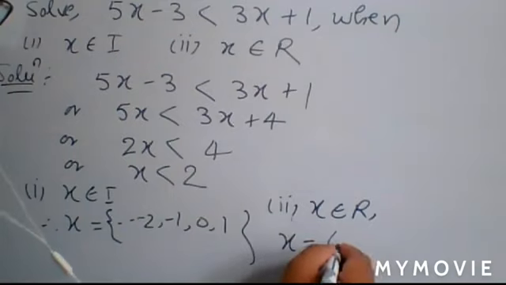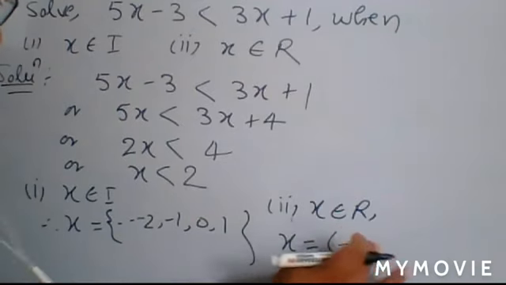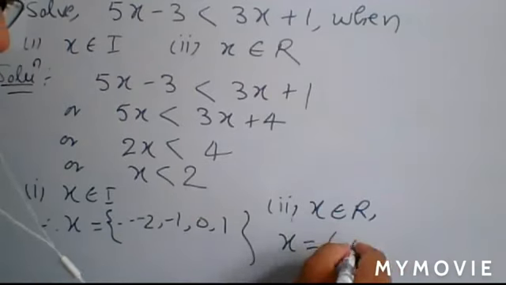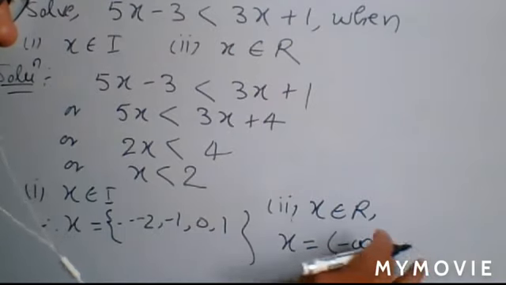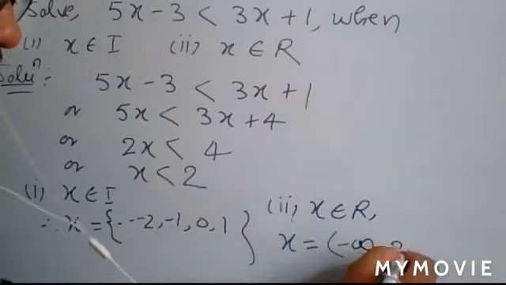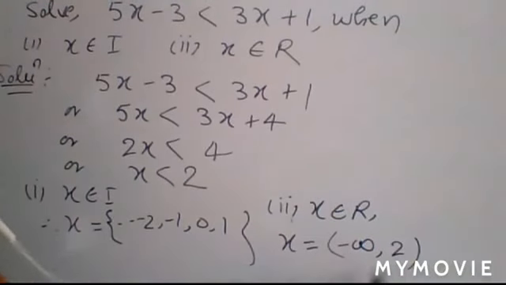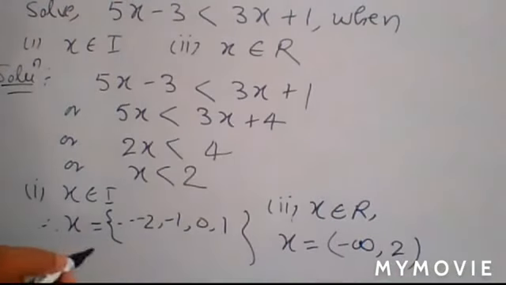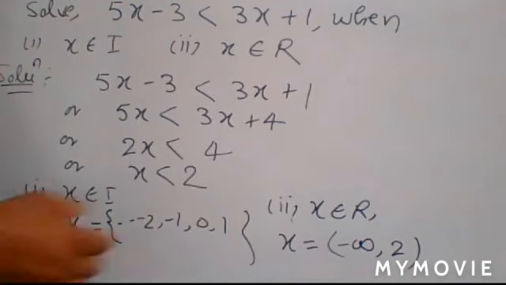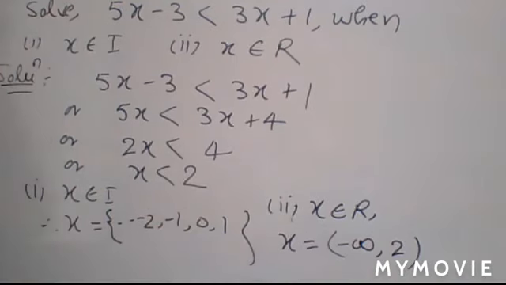So you write minus infinity to 2, but the point 2 is not taken, so you take an open interval, minus infinity to 2. You have to write your answer in the form of an interval. Or you can express it in set builder form also.